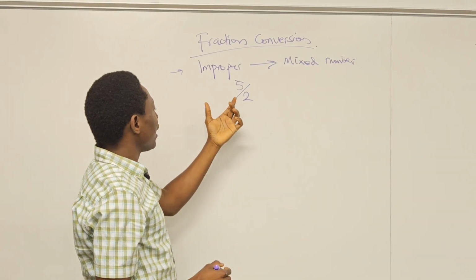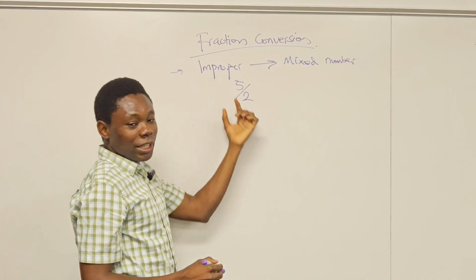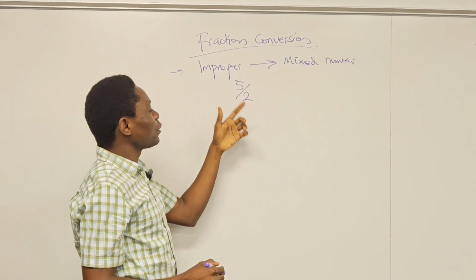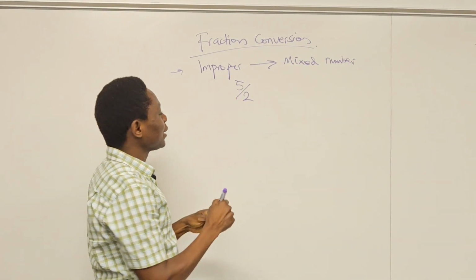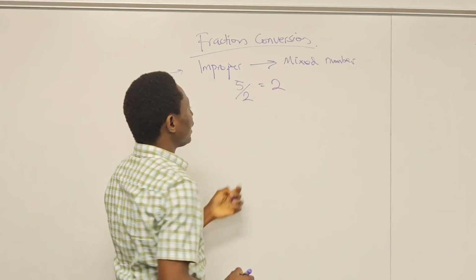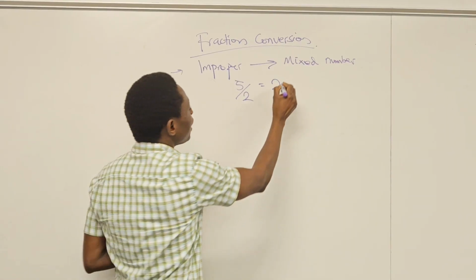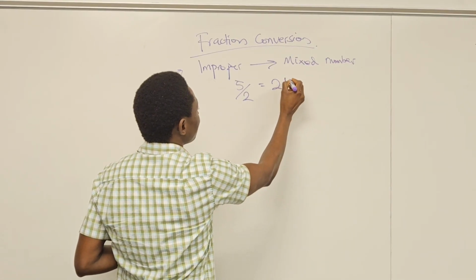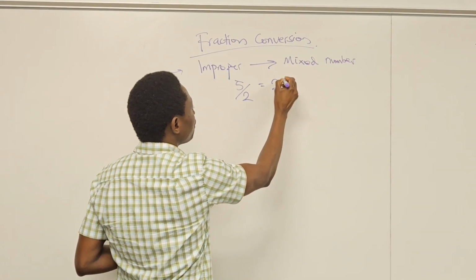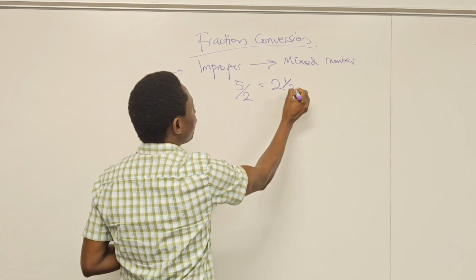So how many times can 2 go into 5? 5 can be divided by 2 twice. So you have 2. But then there is a remainder, right? That remainder will form the numerator of the fractional part of this mixed number. So that will be 1 over the denominator of 2.